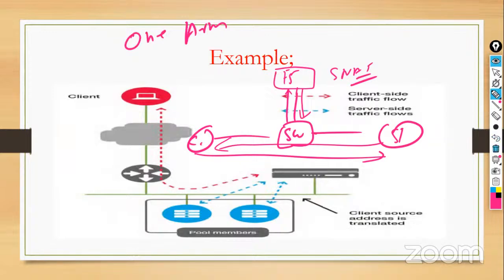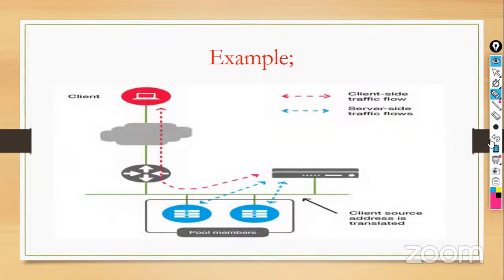And what about that floating IP? Is floating IP like HSRP IP? If you remember, we configured the HSRP on the Cisco devices. For example, we have core one and core two.